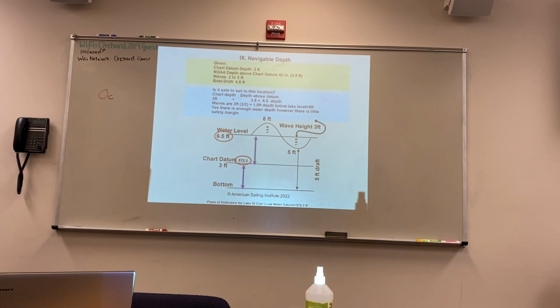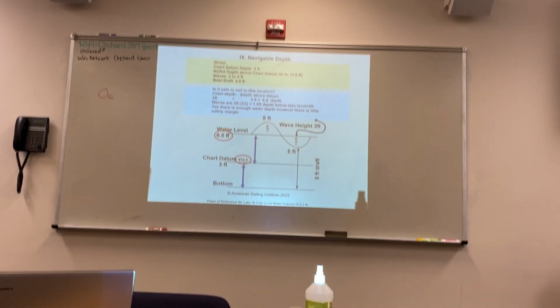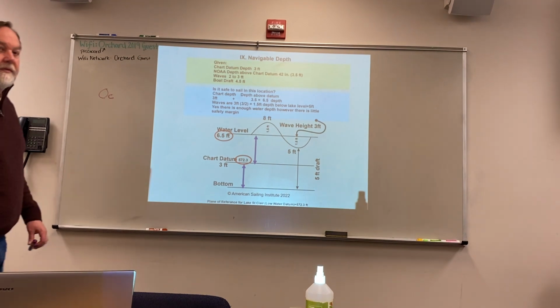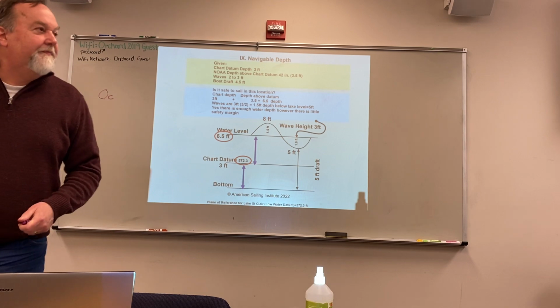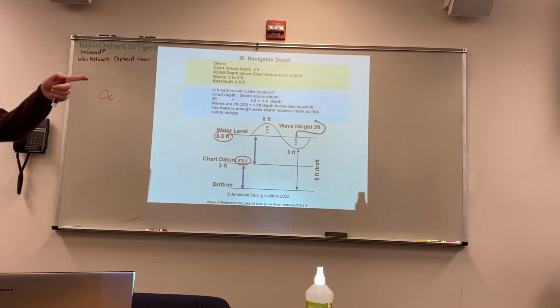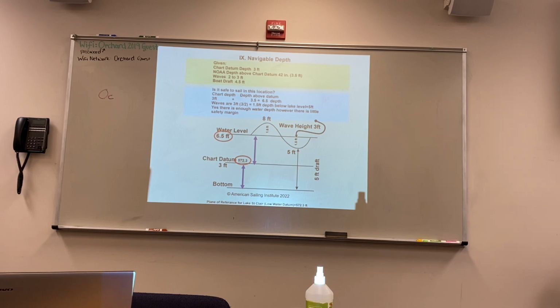All right, so you're reading the chart datum depth off of this. Where did you get the NOAA depth above chart datum? That's a great question. I mentioned the local notice to mariners, but go ahead. Do you have your phone? I do. Can you Google Army Corps of Engineers, Great Lakes water level update?